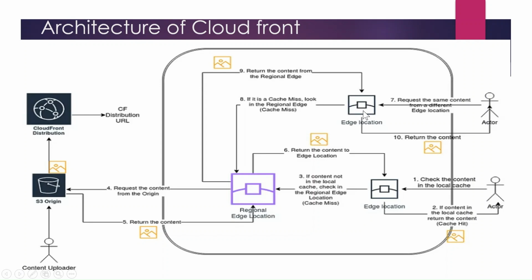this edge location checks with the regional edge location. So this is the regional edge location. If the content is not located here, it will check here in the regional edge location.